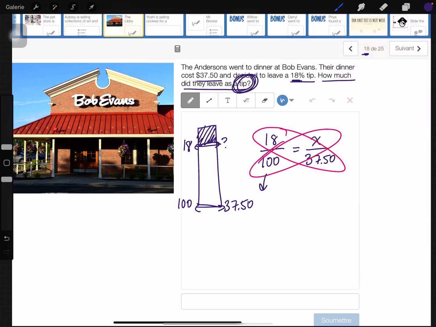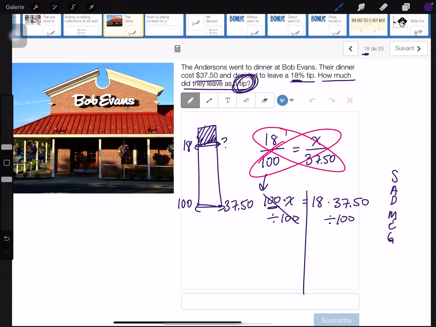And this will give me 100 times x, multiplying those opposite numbers, equals 18 times 37.50. Now I can use SADMEG. Some of you might have noticed a pattern. I'm always going to be dividing by 100. So that might be helpful for you to remember as a shortcut.